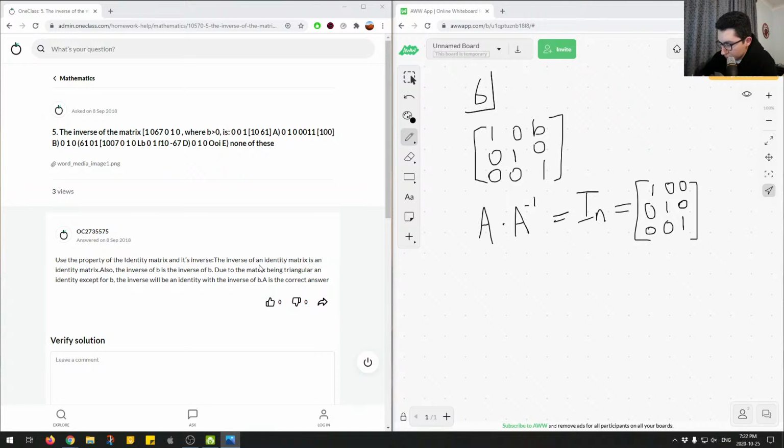Looking at this question, we're trying to see what is the inverse of this. Essentially we're trying to find what is A to the negative 1. If we were to write this out, we know this is equal to A, 1 0 0, 0 1 0, b 0 1.